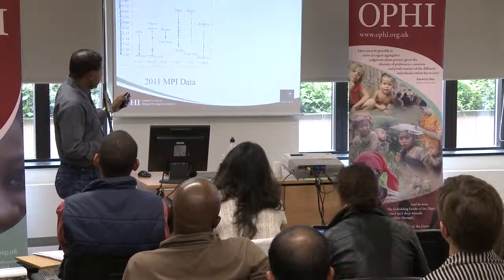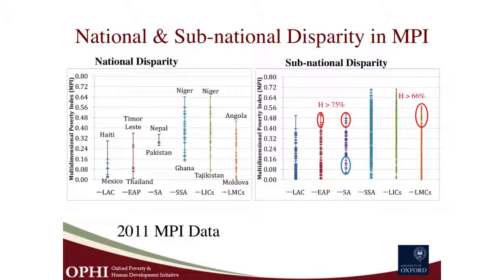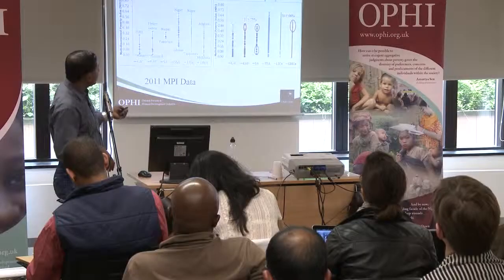We also did certain different things. We looked at national disparity within each region: Latin America, Caribbean, East Asia, Pacific, South Asia, Sub-Saharan Africa, then low-income countries, middle-income countries. When we look at the disparity across subnational regions, they are much more widespread. Look at here.